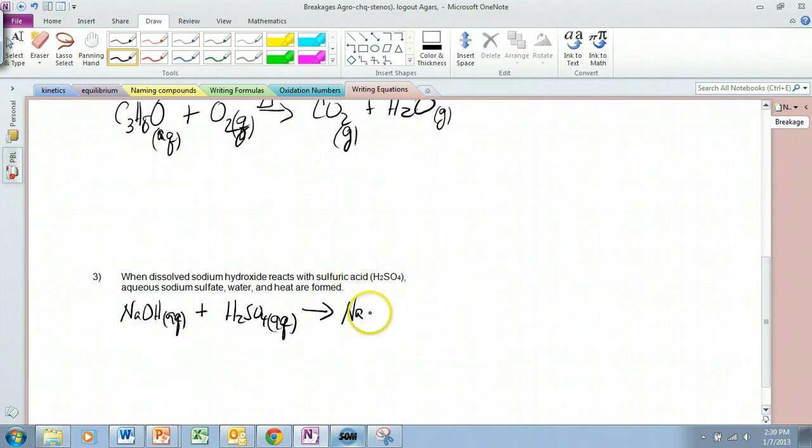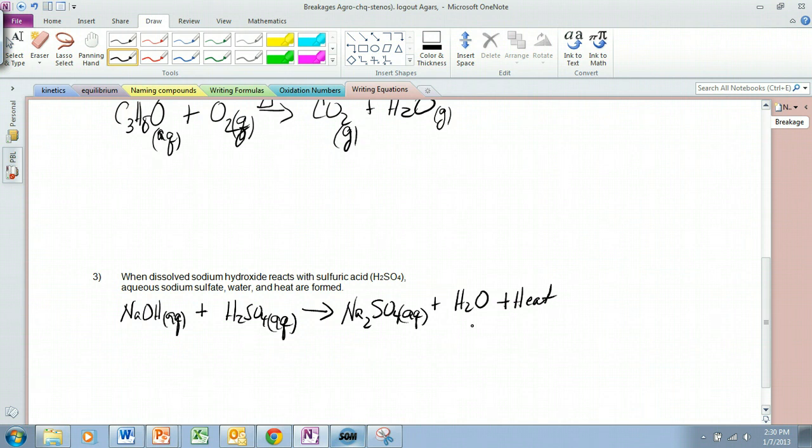Sodium is a +1 ion, but sulfate is a -2, so I'll need 2 sodiums. And that's going to be Aq plus water. And heat are formed. So you can just write out here heat, and that would be sufficient.